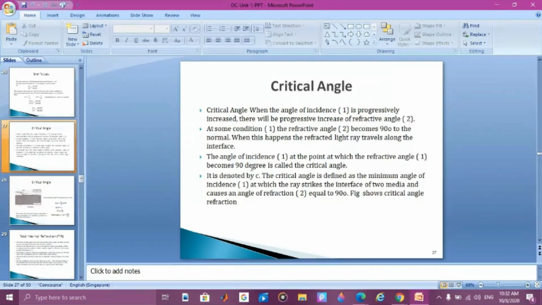So the angle of incidence 1 at the point at which the refractive angle 1 becomes 90 degree is called the critical angle. Okay va, 90 degree வரும்போது it is called a critical angle.